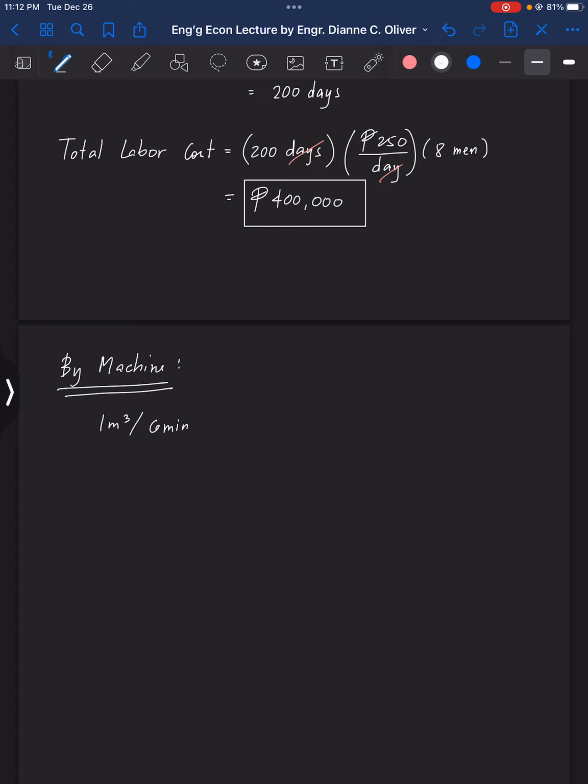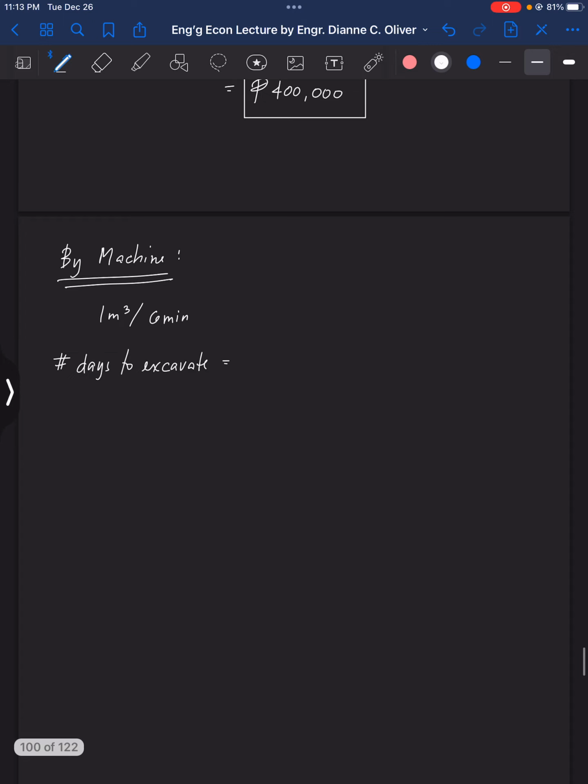Now, for the number of days to excavate, that is equal to the required 4,000 cubic meters, and then it's 6 minutes in every 1 cubic meter, so we can cancel out here cubic meter.